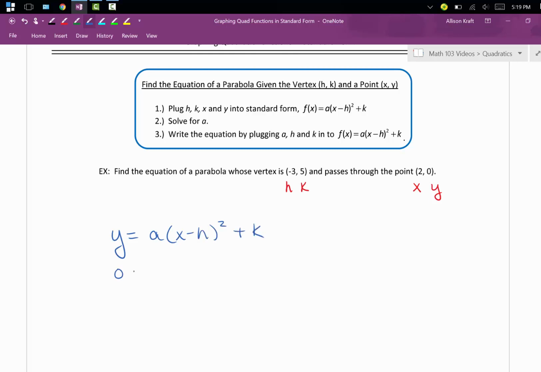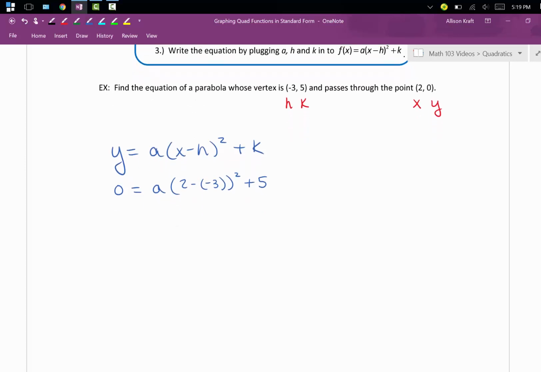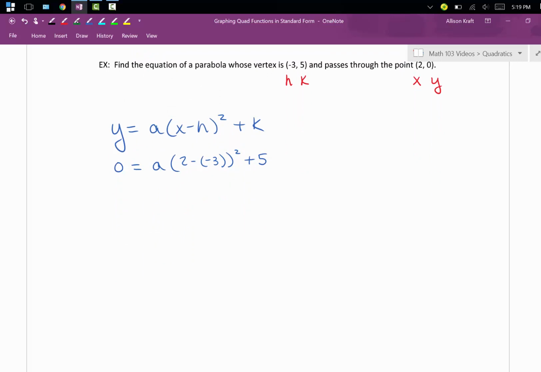So that'll be 0 equals a times the quantity 2 minus -3 squared plus 5. Cleaning up what we have inside the parentheses, we get 0 equals a times 5 squared plus 5. So 0 equals 25a plus 5.